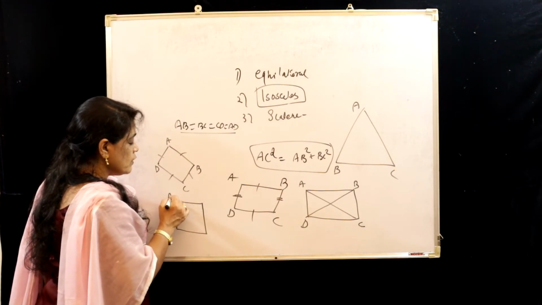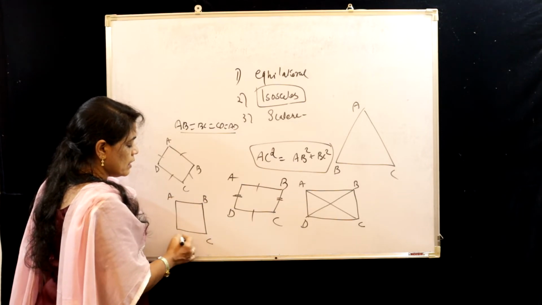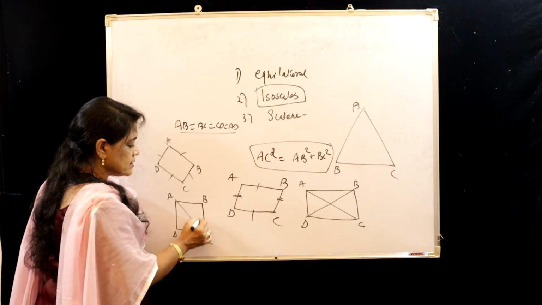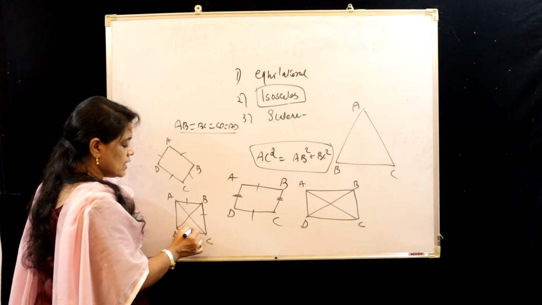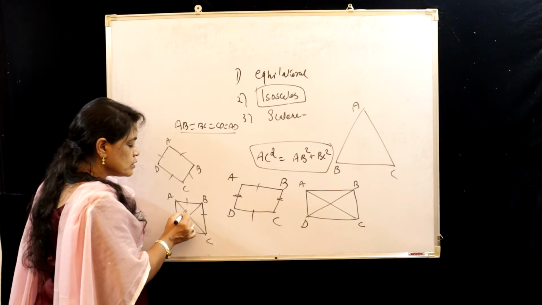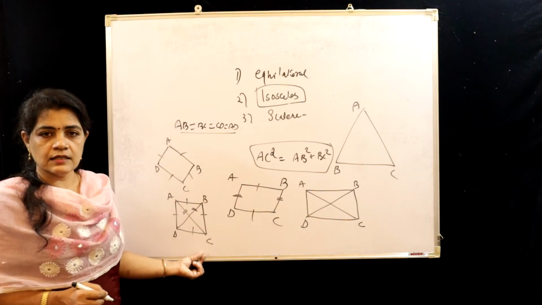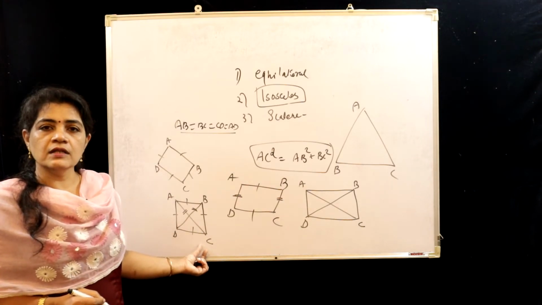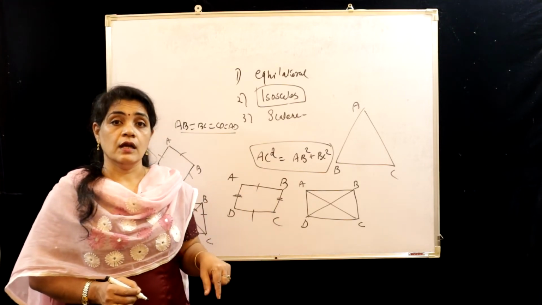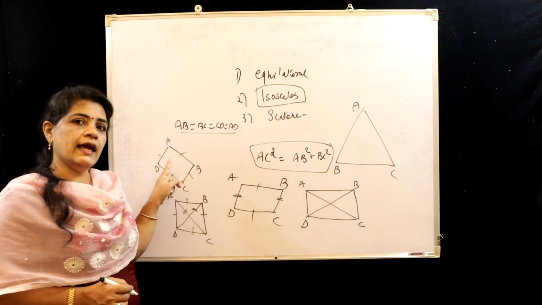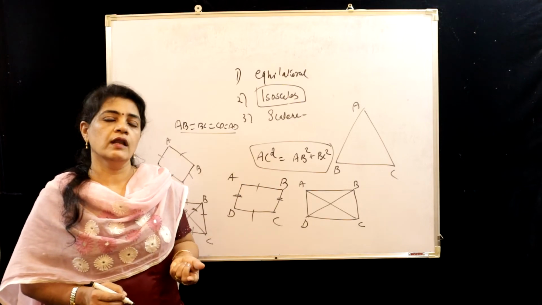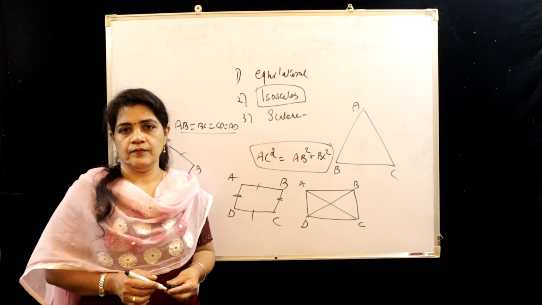To say that it is exactly a square, you have to find its diagonals. All sides are equal and diagonals are also equal, AC equal to BD. In that case those four points will be the vertices of a square. If all sides are equal and diagonals are unequal, it will form a rhombus.